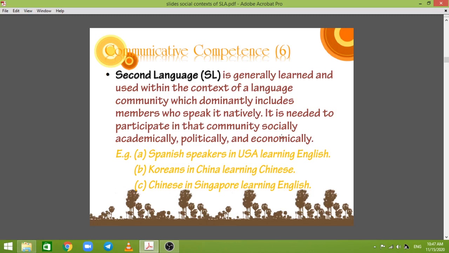So everything in terms of communication, in the field of education, in business, you need to use English, or in the specific case we call Singlish.